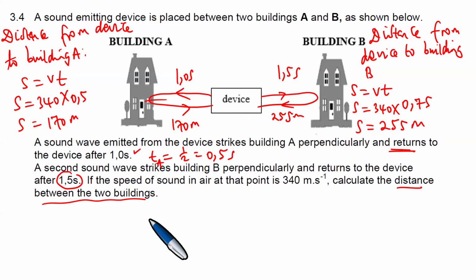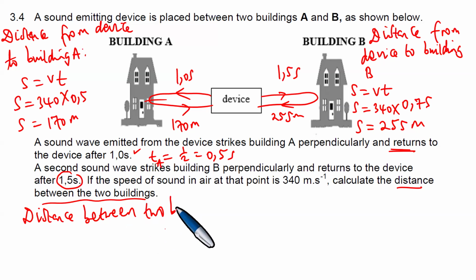Okay, and then you come and say this point, distance between two buildings. Okay, the distance then it's 255 plus 170.